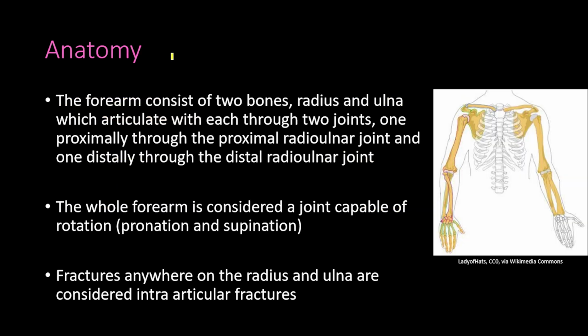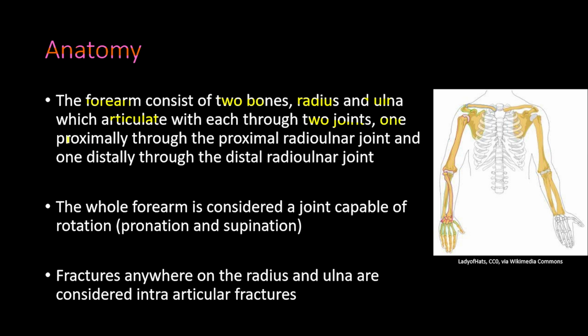Now, to really understand the radius and ulna shaft fractures, first we have to understand some points about the anatomy of these bones. So, the forearm consists of two bones, the radius and ulna, and they articulate with each other through two joints.